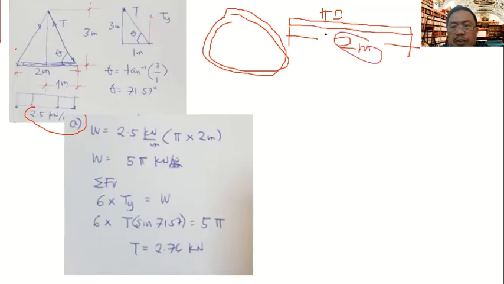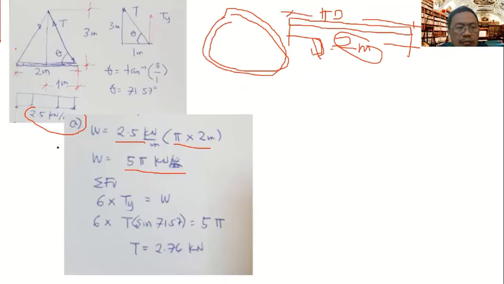The total diameter, okay? The circumference now is pi d. Diameter is 2 meters. So makakompute natin yung total length. Pagka kinat natin yan, para mas maintindihan natin na parang line lang siya. Straight na line. Pi d, i-multiply mo ng 2.5. 2.5 times pi d, magkakaroon tayo ng total weight, 5 pi.